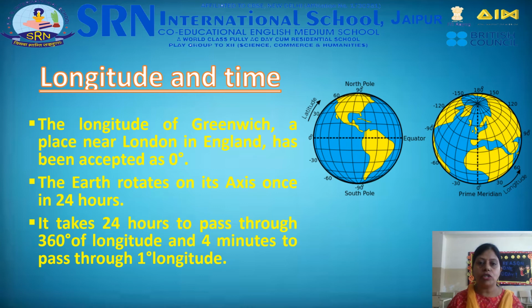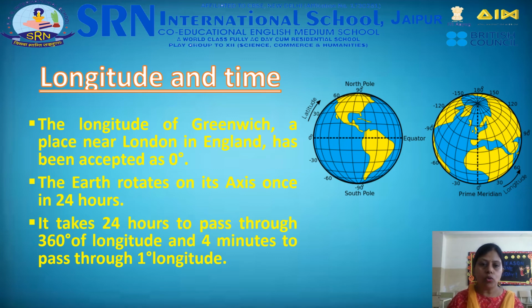The earth rotates on its axis once in 24 hours. It means that it takes 24 hours to pass through 360 degrees of longitude. In other words, it takes 4 minutes to pass through 1 degree of longitude.